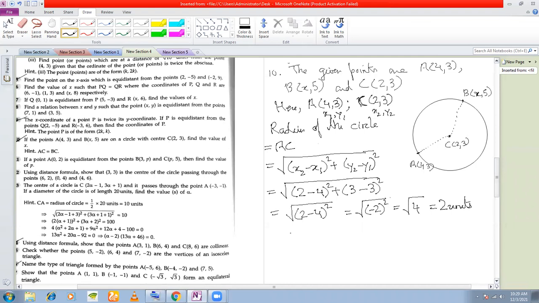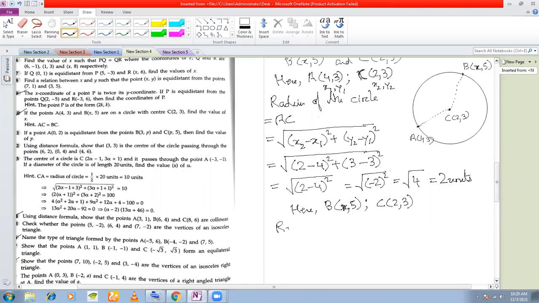Now we are going to find out the radius BC. So what are the points here? B is (x, 5) and C is (2, 3). So the radius of the circle is equal to BC, the square root of (x2 minus x1) whole square plus (y2 minus y1) whole square.